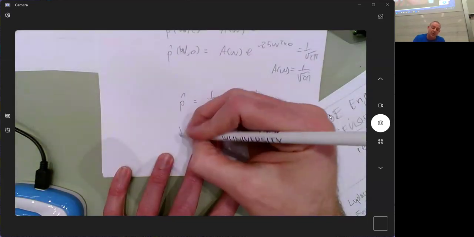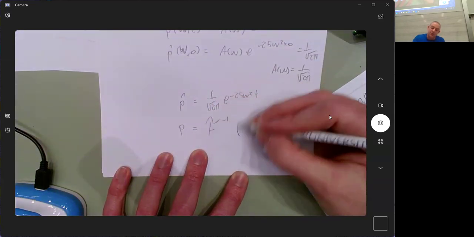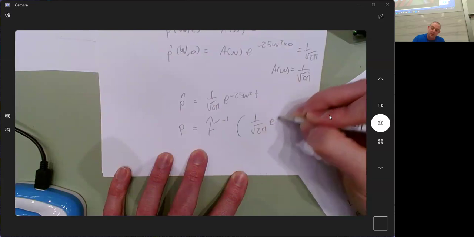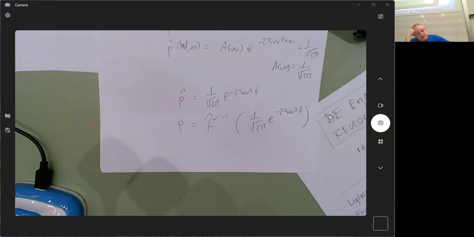So yeah, the P should be the inverse Fourier transform of this. But I'm not a fan of this inverse Fourier transform, because that's also an integral of something I don't like.